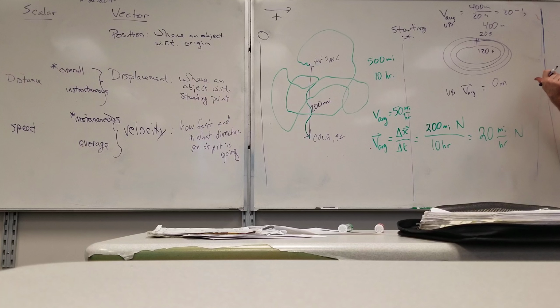All right, this is known as a zero vector because you have a magnitude of 0 and, I mean, if you've gone 0 meters at an angle of 5 degrees or 0 meters at an angle of 30 degrees, there's no difference there. So you typically just put a vector symbol over the 0. It's called a zero vector. So he got nowhere in 20 seconds. So what's his average velocity? Meters per second.